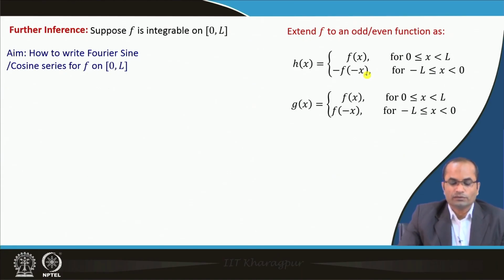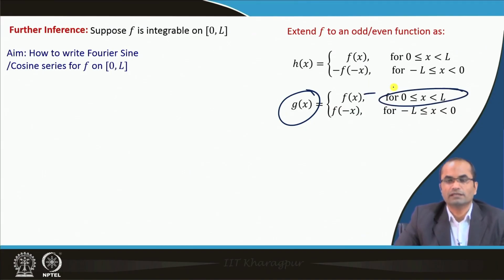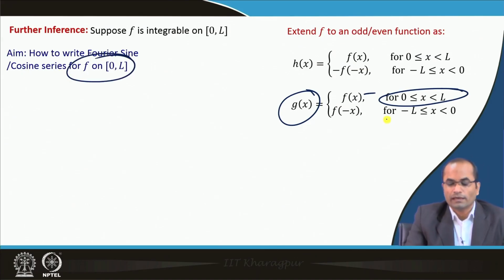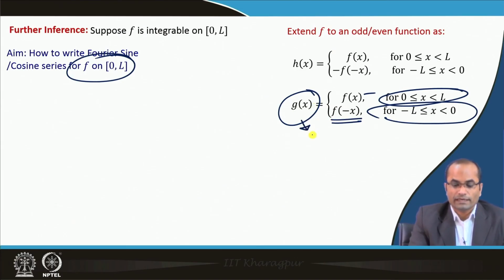Or we can introduce this new function g x as f x, again the same given function in 0 to L, and then in the minus L to L we have made an even extension, so that this g x became an even function.